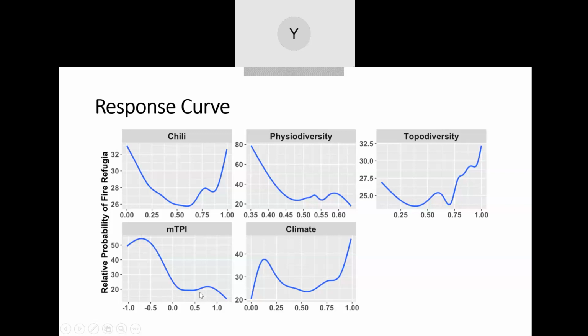The climate norm has a similar shape to the Chilling index. I think that also shows the low frequency on the left side and the higher frequency on the climate norm about 0.5 that frequently burn. The subsequent burn will have low severity. Next slide, please.